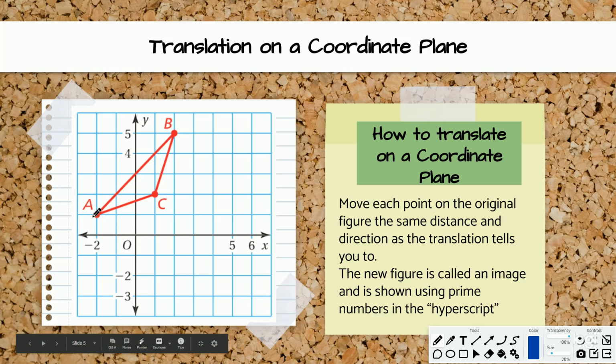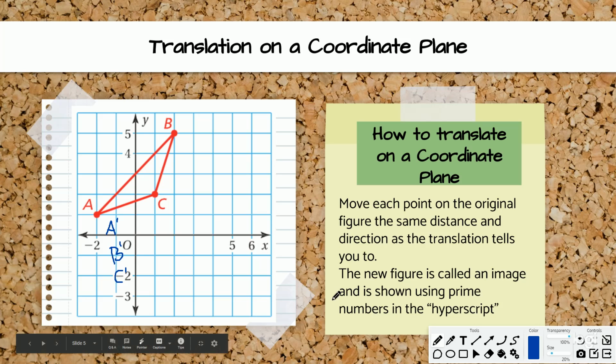So when we make our new image, instead of it just being A, it's going to be A with a little 1 at the top, and that's A prime. B with a little 1 would be B prime, and C with a little 1 would be C prime.